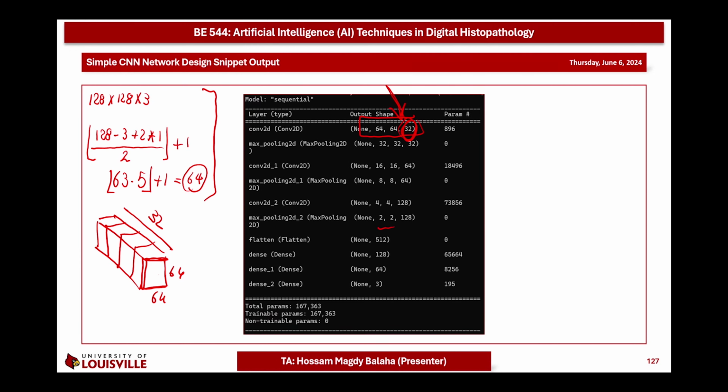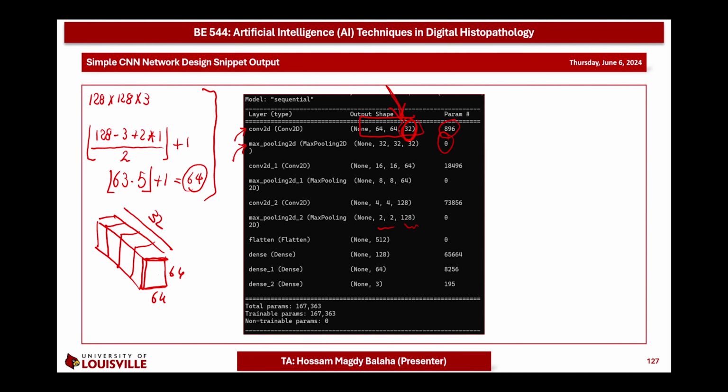Then you can notice that the conv layer has a set of learnable parameters, which in that case is 896. But when you reach the max pooling function, you will find there are no learnable parameters in that layer, because as mentioned, max pooling just downsamples and keeps the most important features from the previous feature map, but there are no learnable parameters or weights in that layer.